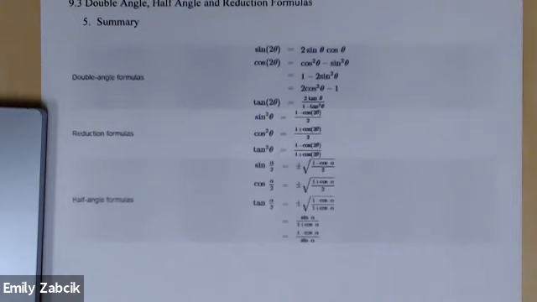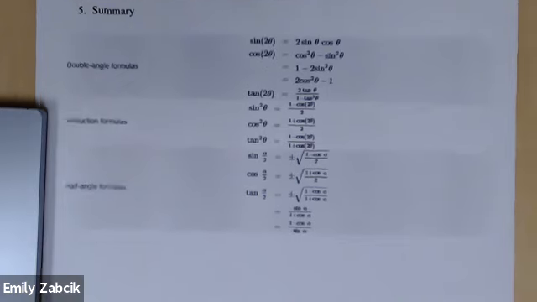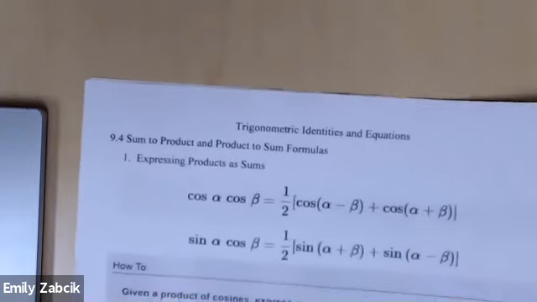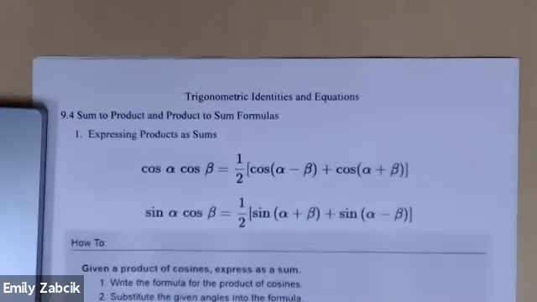All right, so what we're going to do in 9.4 is, just like what we've been doing in every section, we're going to be picking up some new formulas. Okay, so here's 9.4. Let me get my screen over to the 9.4 stuff here.